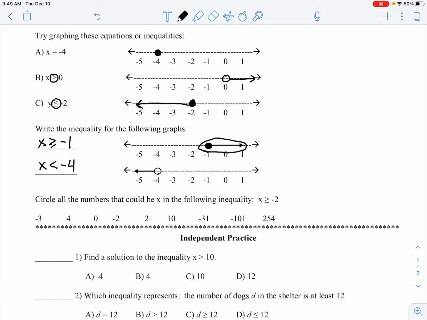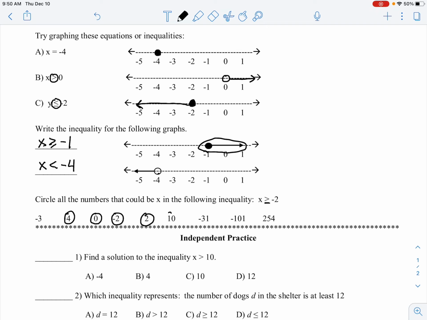Well, -3 is smaller than -2, so we can't include that. 4 is definitely bigger than -2, so we're going to circle that guy. 0 is bigger than -2, so we'll give that a circle. -2 is not greater than -2, but we do have that equal sign underneath it there, so -2 is equal to -2, so we can use it too.